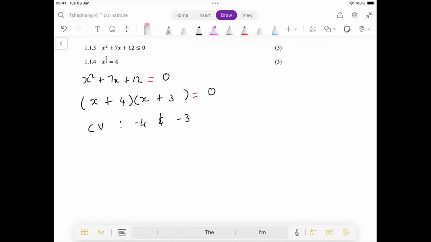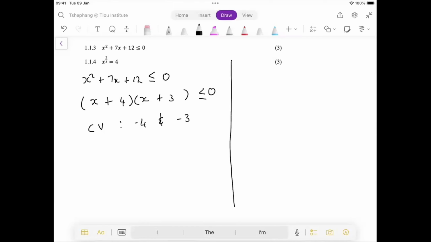Then go back, remove this. What was it? It was less than or equal. They will penalize you if you put an equal sign there. So be very careful. Now that we have our critical values, we're dealing with a quadratic. It's a parabola.